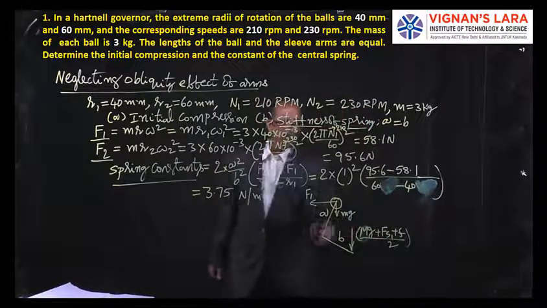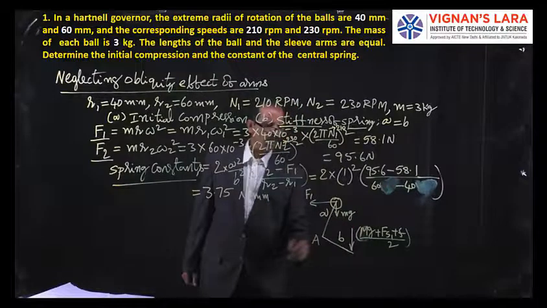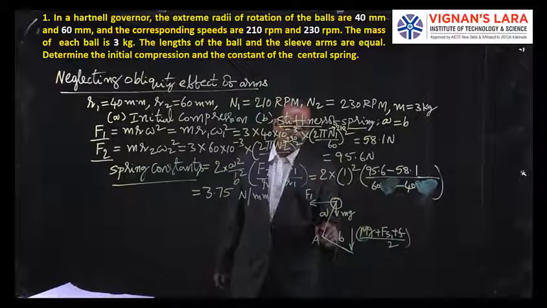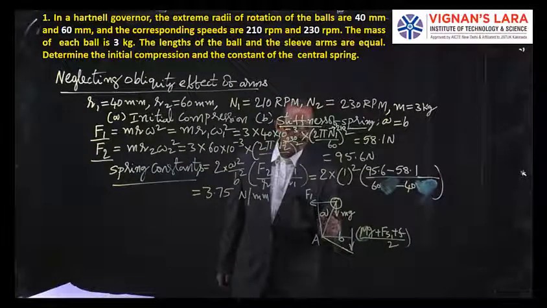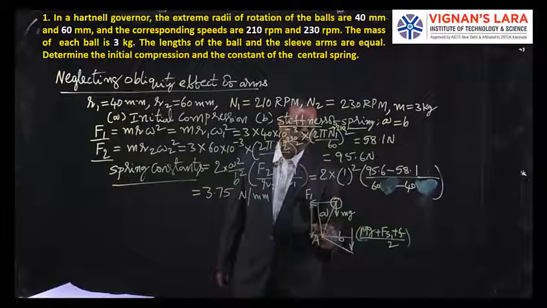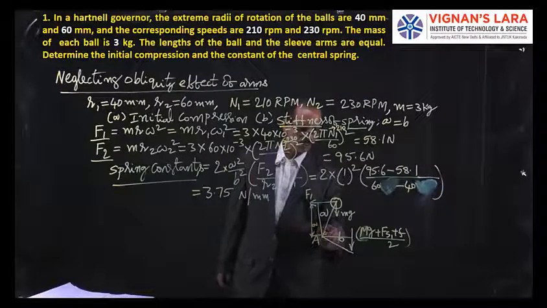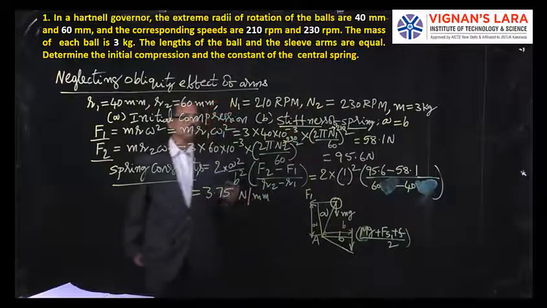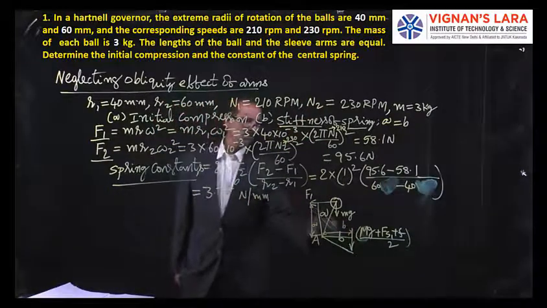And this is the fulcrum point, say A, which we denoted, and I said I am neglecting the obliquity effect of the arms. That means if this is A, I am just assuming this is also A. Similarly, I am assuming this is also B. So I am not considering the change of A to A1 and B to B1.